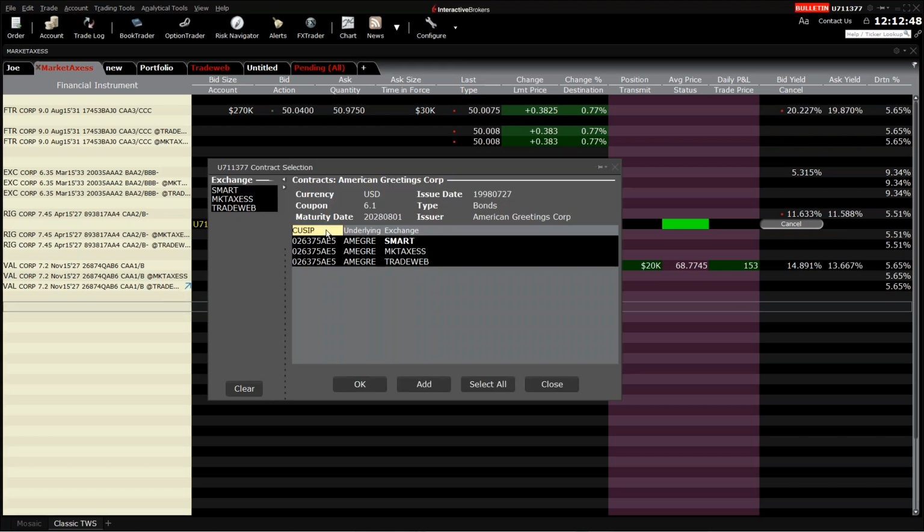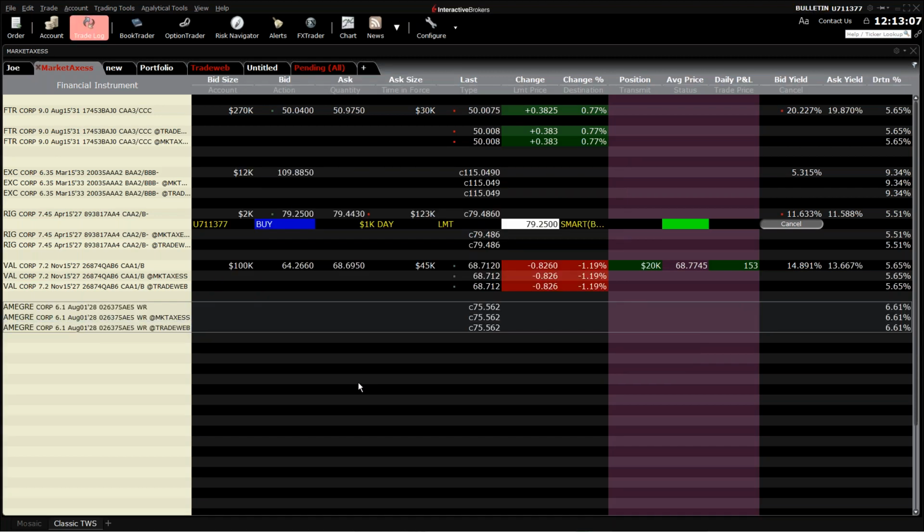So I just typed in the CUSIP and it gives me the choice of 3 different exchanges: Smart, which is the central limit order book, MarketAxess, and TradeWeb, which are both RFQ models. So I'm just going to select all and show you that.